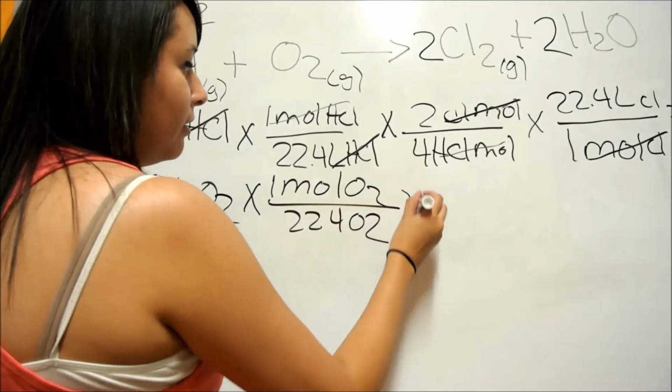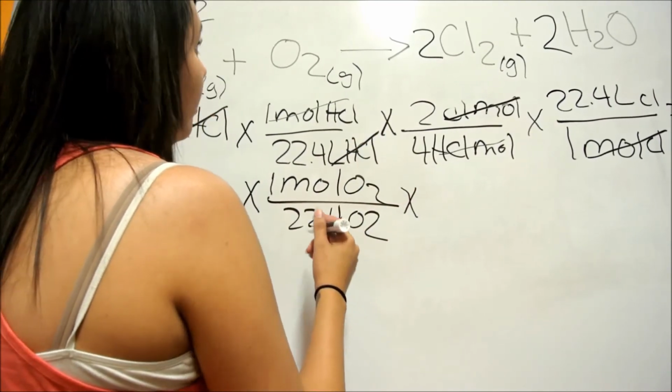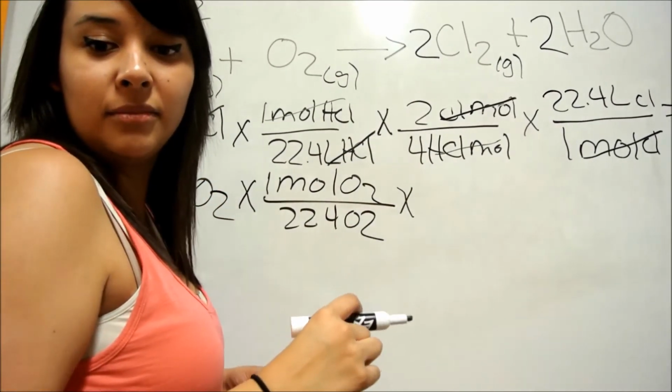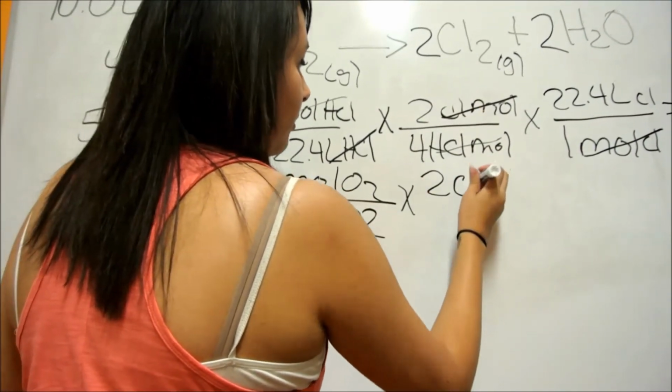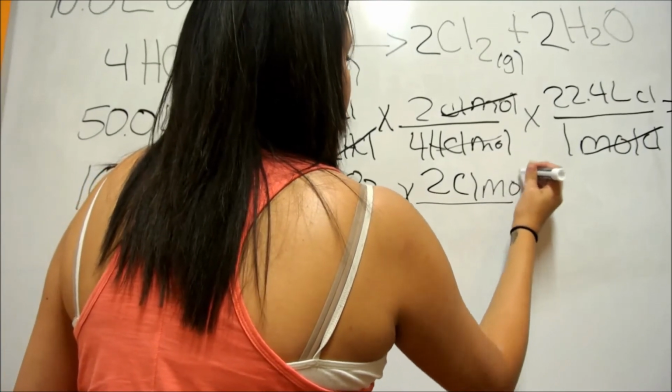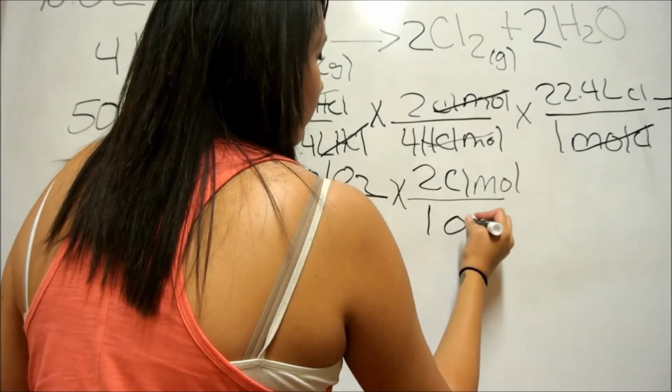And then we're going to use the volume ratio again. So that would be 2 Cl, that's here, mole, over 1.